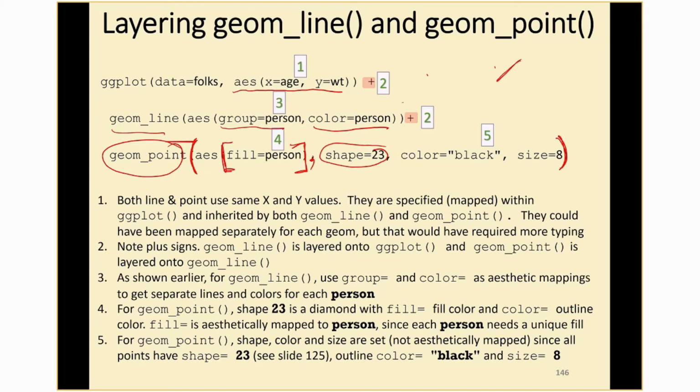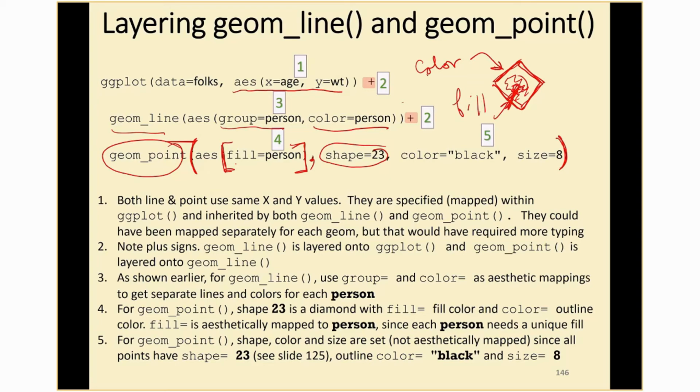So shape 23 is one of these diamond guys with some color inside. And as we saw earlier, when we've got one of these shapes that's got a separate color on the outside and a different color on the inside, the keyword color only controls the border, and the predominant color is determined by fill. That's the predominant color that's on the inside.